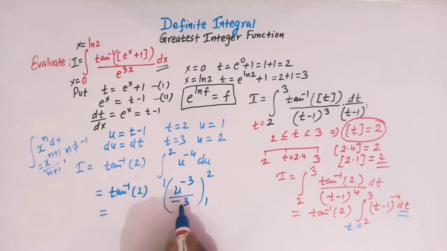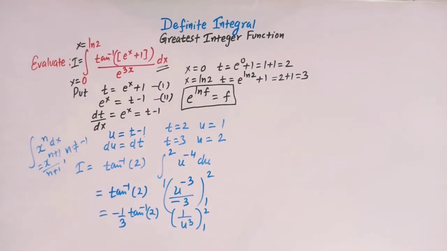Taking minus 3 outside, we have minus 1 over 3 tan inverse of 2, and 1 over u cubed, with limits from 1 to 2.